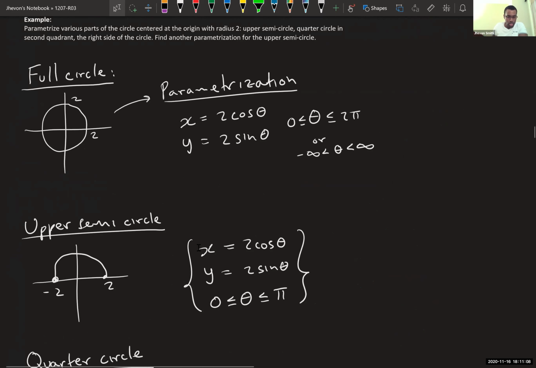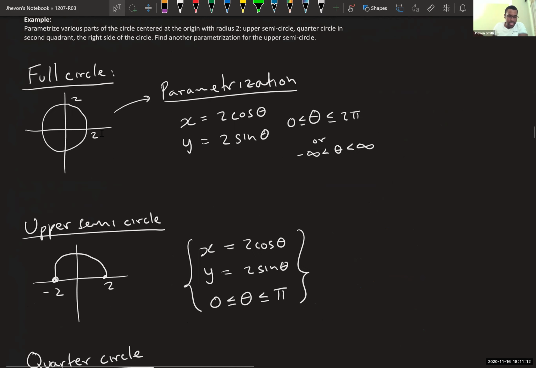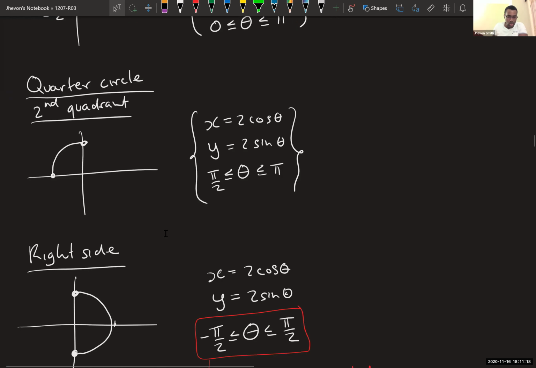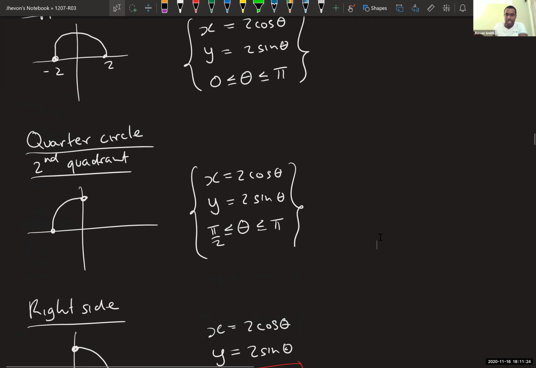We spoke about parameterizing circles and different parts of the circle, and we realized that whereas in the scalar form, these would have to be described in more technical ways, in parametric form, the only thing that happened was we changed the limits of our parameter, and everything else remained the same. So that's one way in which you can already see how this is beneficial.